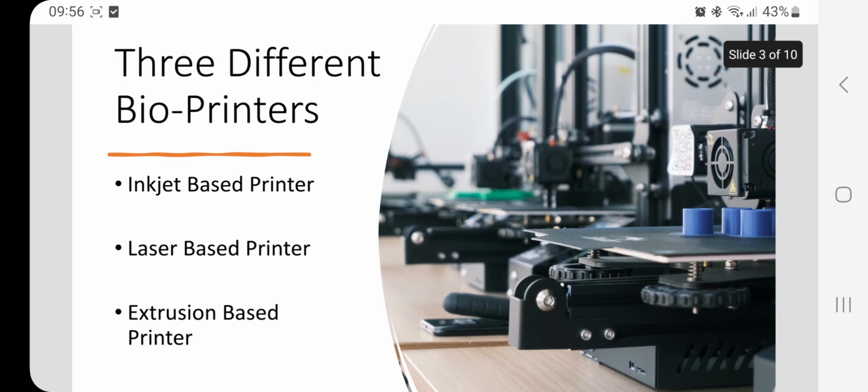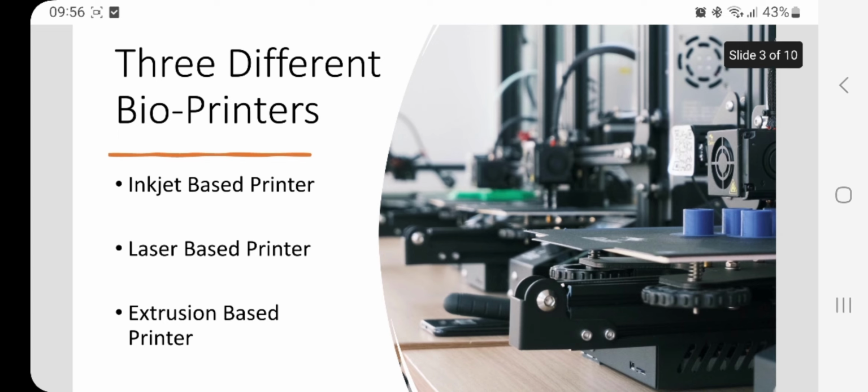There are three primary types of printers used in bioprinting: inkjet bioprinting, laser-assisted bioprinting, and extrusion-based bioprinting. Each printer has a specific strength.